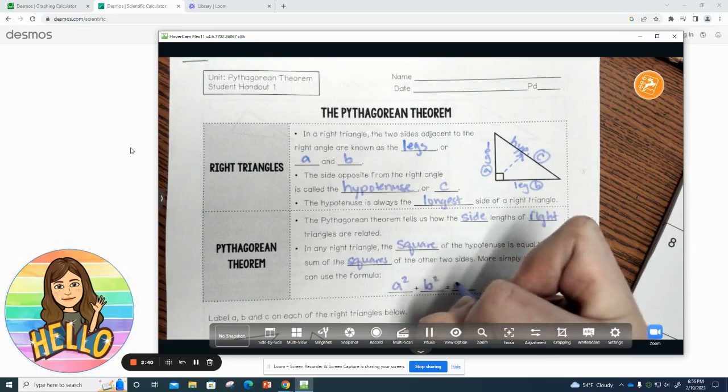Now, it says use the Pythagorean theorem to find the missing side length in each triangle, rounding to the nearest tenth if necessary.